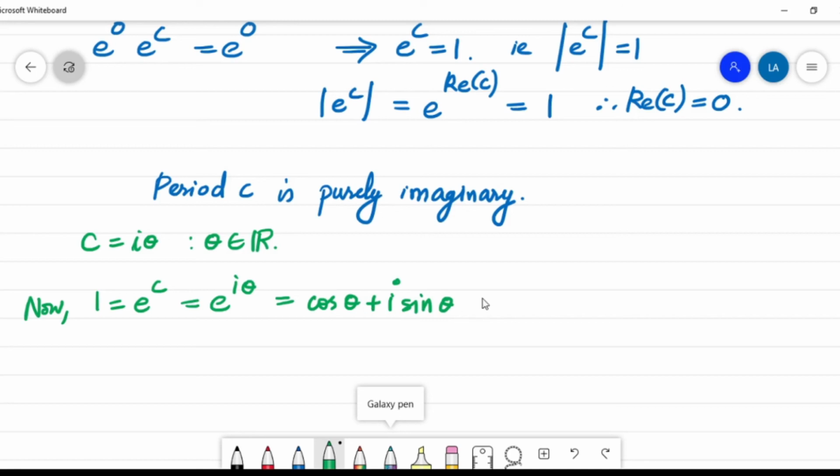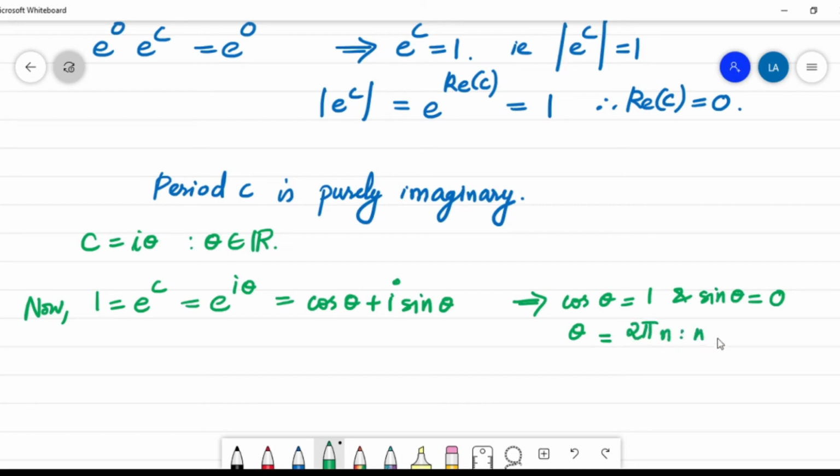So, we can equate both sides. Cos theta will be equated to 1, sin theta will be equated to 0, right. Cos theta is equal to 1 and sin theta is equal to 0. This simultaneously happens for theta equal to multiples of 2 pi, 2 pi n, where n belongs to Z, right.